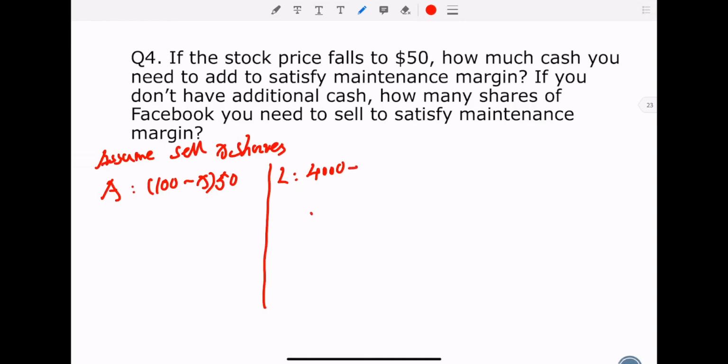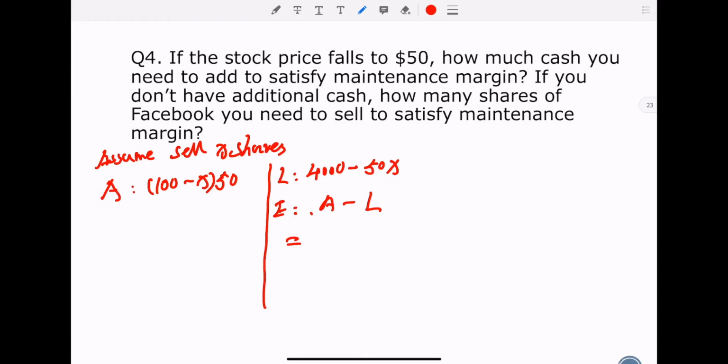So your liability will become 4,000 minus 50x. Now it's easy to get your account equity, which is asset minus liability. I actually don't know what's the answer here.